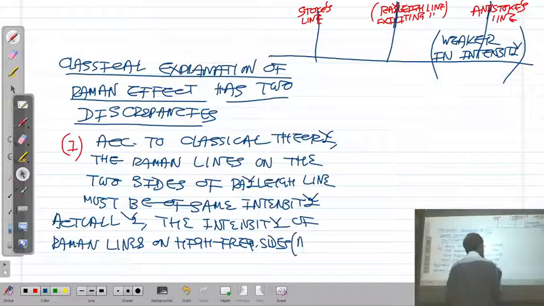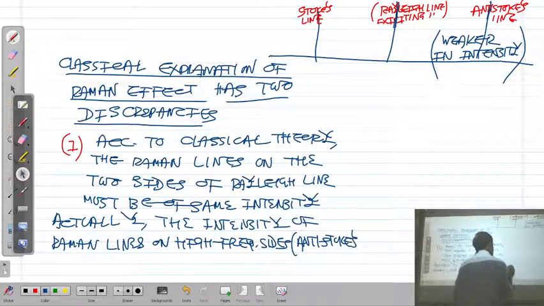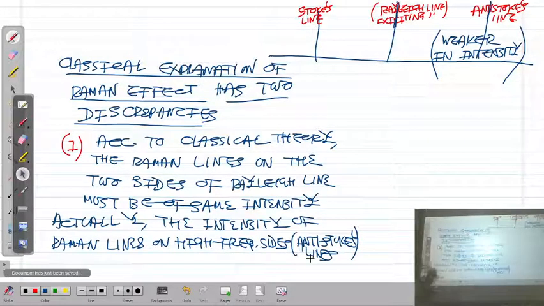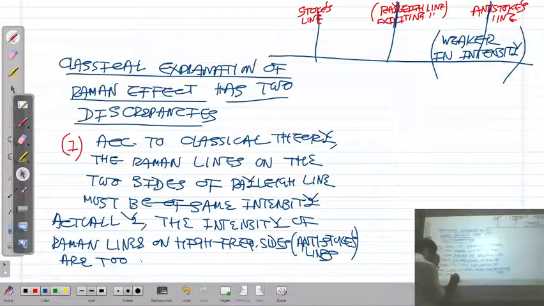That is anti-Stokes line. Intensity of the Raman lines on the higher frequency side, that is the anti-Stokes lines, are too weak to be observed.